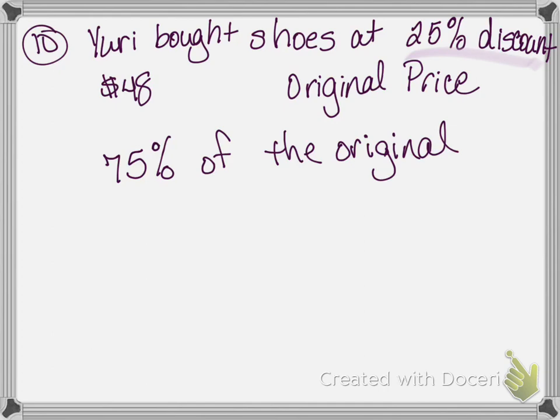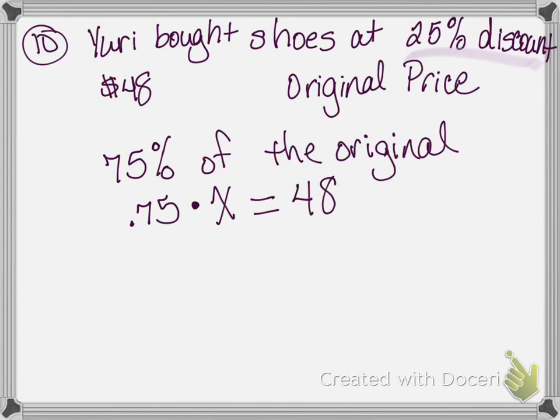Okay? So, how do I write 75% as a decimal? 0.75. Okay, of, what operation is of? Multiplication. Do I know what the original price is? Nope. But how much did she pay for it? 48.